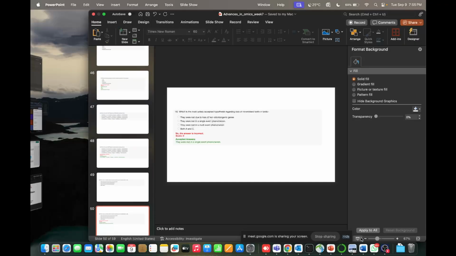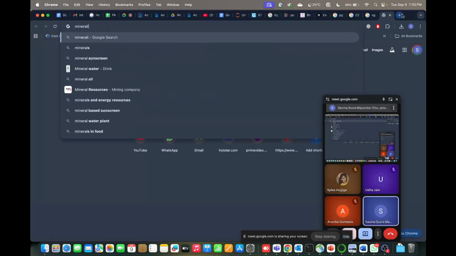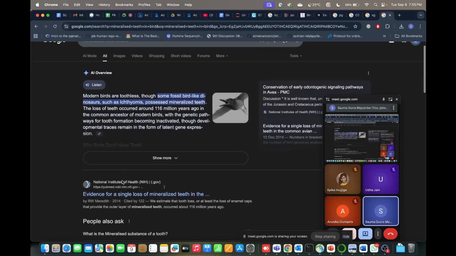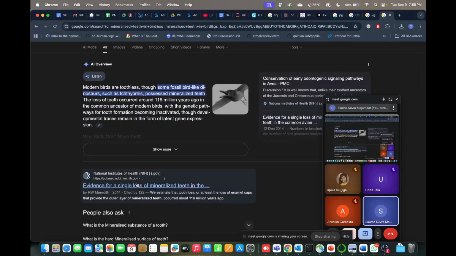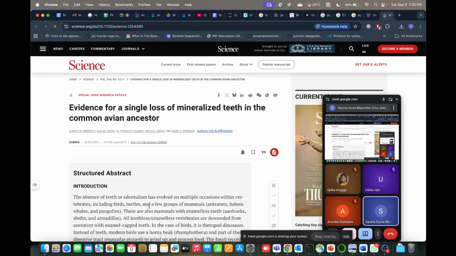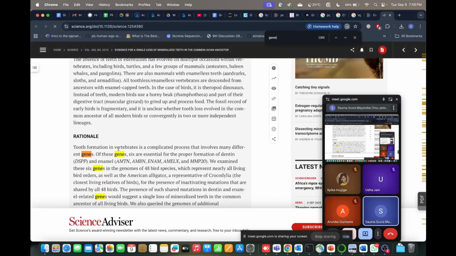I also don't know the answer to this, so let me check. Mineralized teeth in bird. Oh, this looks like a paper.